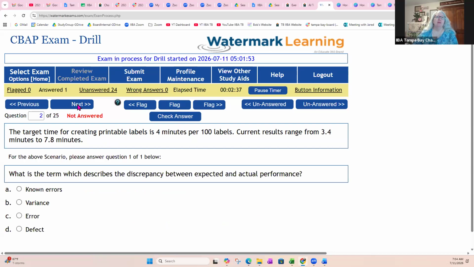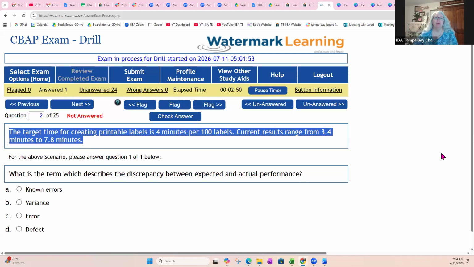The target time for creating printable labels is 4 minutes per 100 labels. Current results range from 3.4 minutes to 7.8 minutes. So with this statement, what knowledge area are we in?